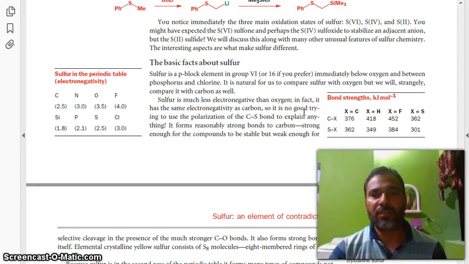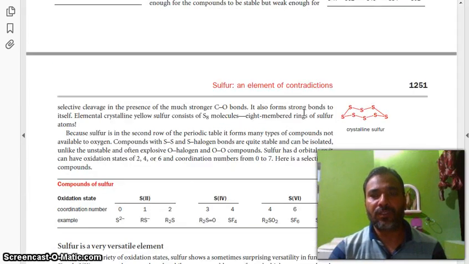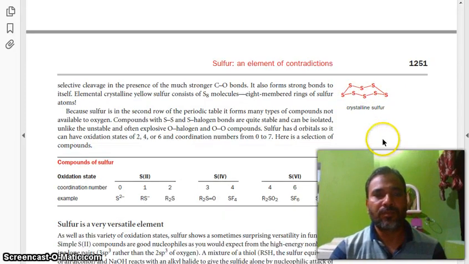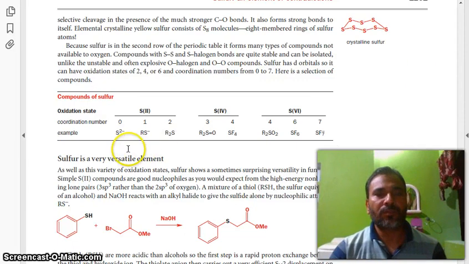So basic facts about sulfur. You see the crystalline sulfur, you learn from the beginning. Now you see the oxidation states: H2S, RS minus, R2S, R2SO, SO4, and so on.